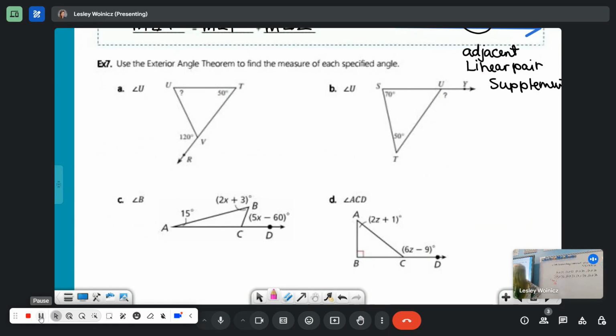Okay, so we're going to use the exterior angle theorem. We're going to find the measure of each specified angle. So, if this lovely angle is 120, what's this angle?